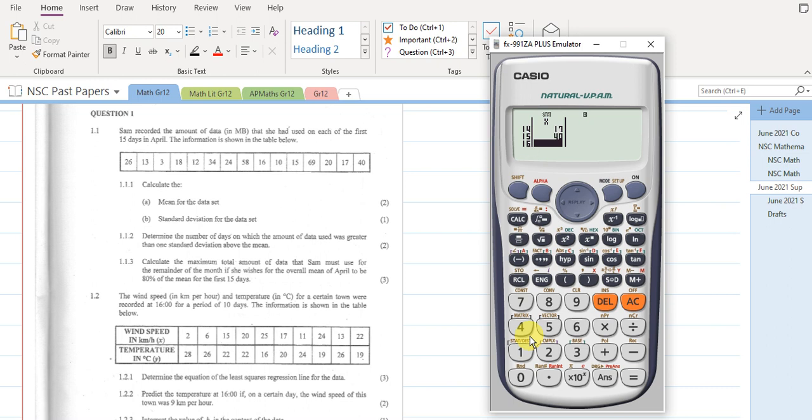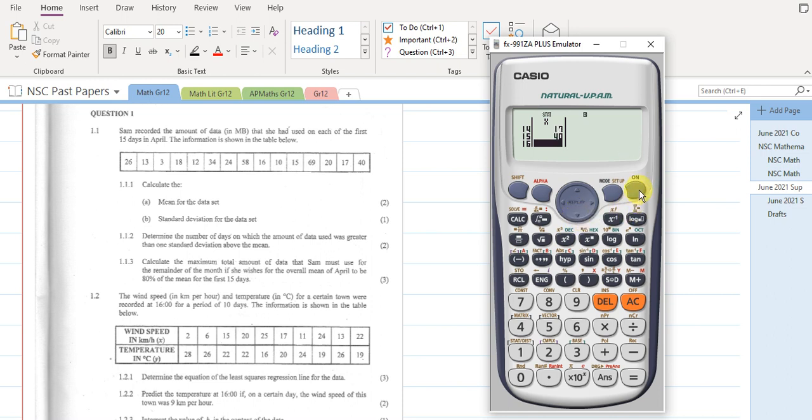And hit enter and just see if I have got all the data properly. Just double check all of them. 26, 13, 3, 18, 12, and 34, 24, 58, 16, 10, 15, 69, 20, 17, and 40. Right, so I have all my data.